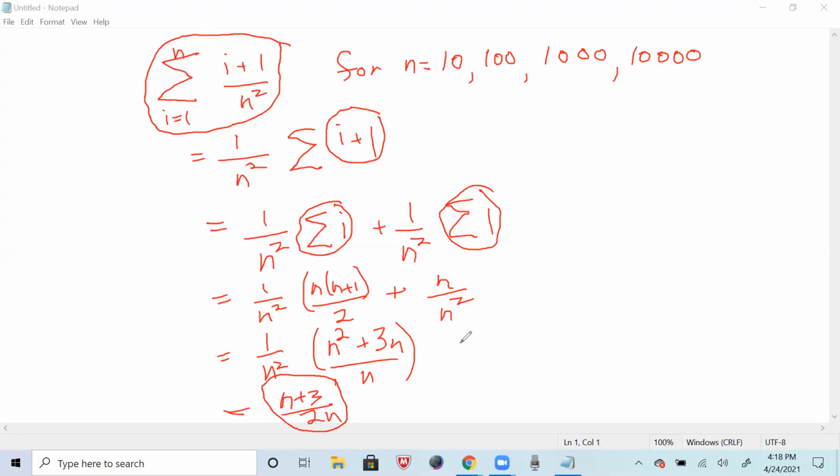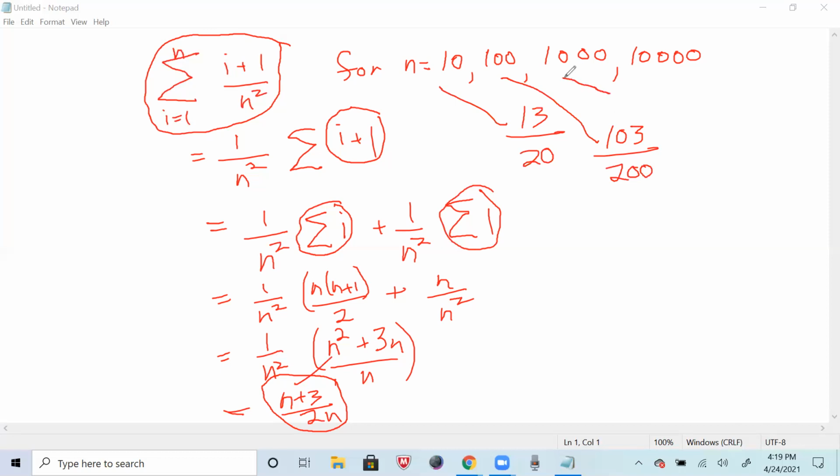In other words, for n equals 10, this thing would be 13 over 20. This right there. Okay. If you want to know what it would be when n equals 100, it would be 103 over 200.